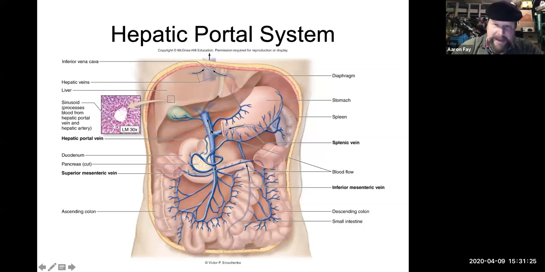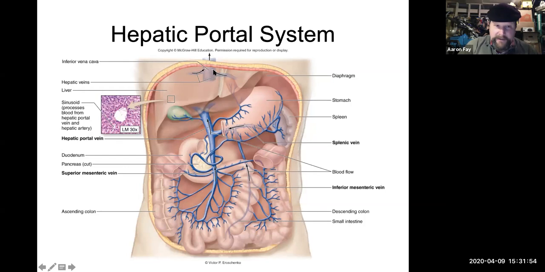Here we have something different. The hepatic portal vein goes into the liver. What drains the liver? The hepatic veins drain the liver. So here we have a situation where we have two supplies into the liver. The common hepatic artery takes oxygen-rich but nutrient-poor blood to the liver. The hepatic portal vein carries oxygen-poor but nutrient-rich blood to the liver to be detoxified.